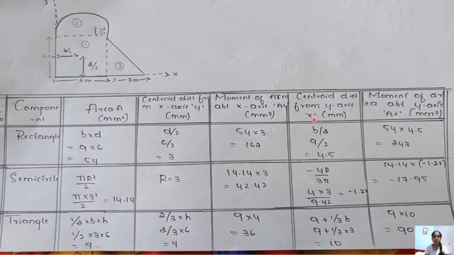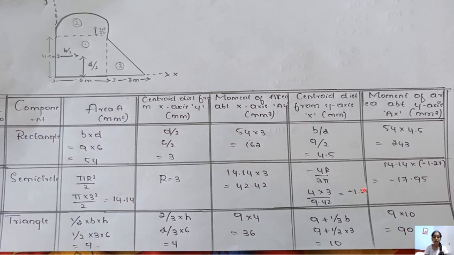And now let us calculate the centroidal distance from y-axis. The first component is the rectangle. The formula for centroidal distance is b by 2, that is 9 by 2, which is 4.5.